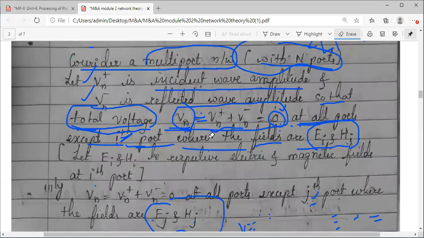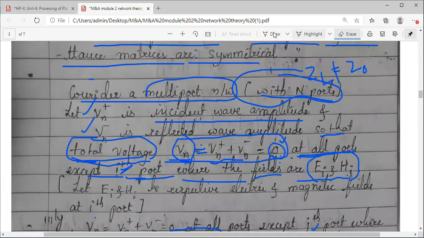Okay, coming to this derivation, what I have done is consider a multi-port network with n number of ports. Vn plus and Vn minus are the incident and reflected wave amplitudes. In this, the total voltage Vn, which is the sum of both incident and reflected waves, is equal to 0 for all the ports, except 2 ports which we are analyzing.